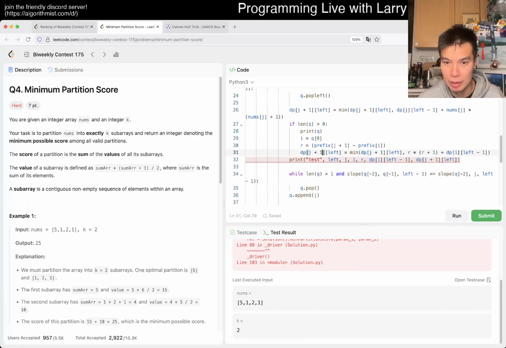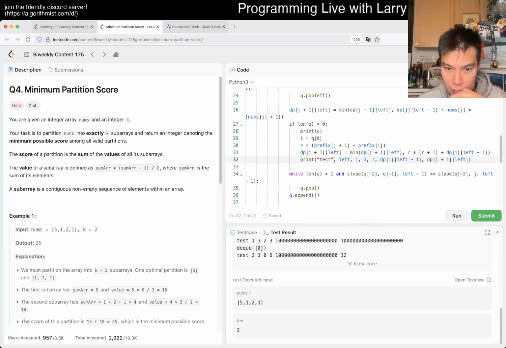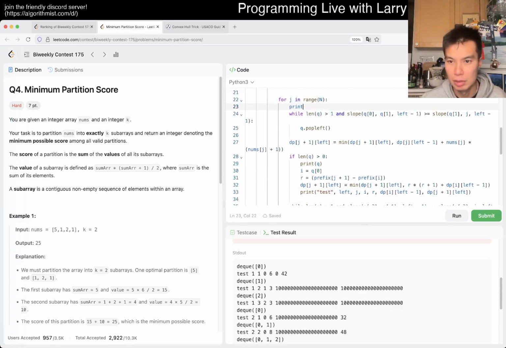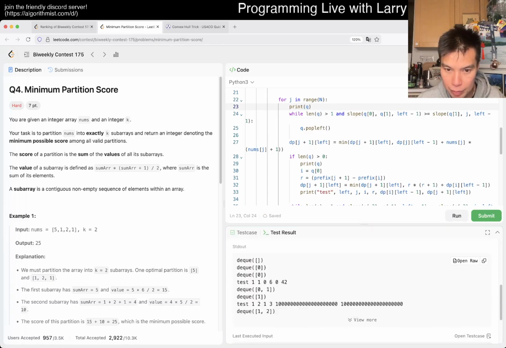Oh, oops. This thing is 42. I mean, this should think that it is, whatchamacallit, right? So that's wrong. 0, 1.